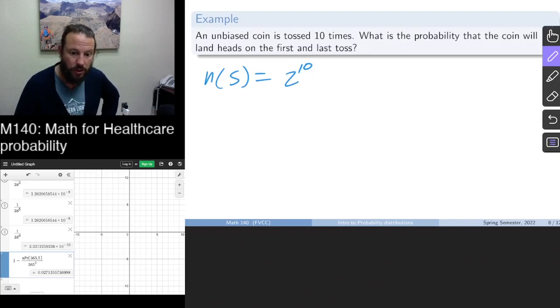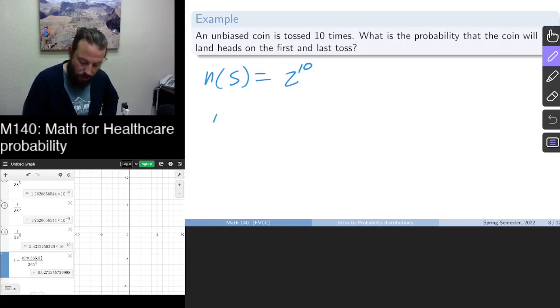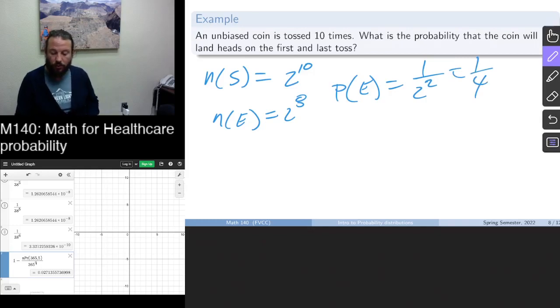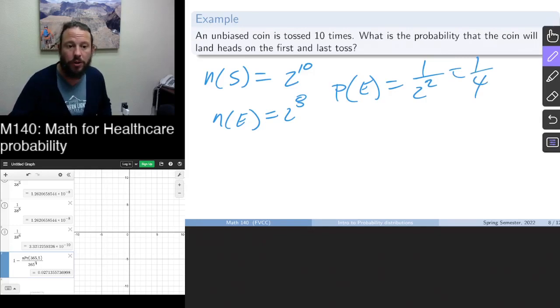Well, if we fix the first and the last one as heads, the 8 in between can be either heads or tails, and that's going to be 2 to the 8th. So our probability is 2 to the 8th over 2 to the 10th, which is 1 over 2 squared, which is 1/4.